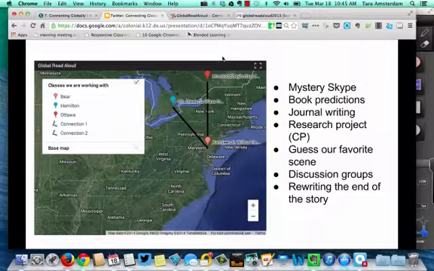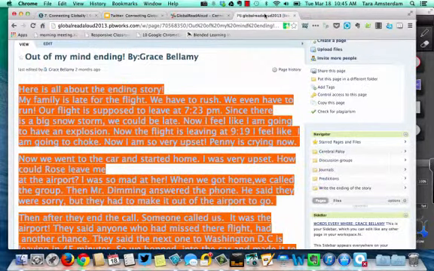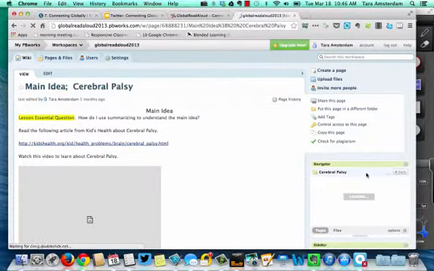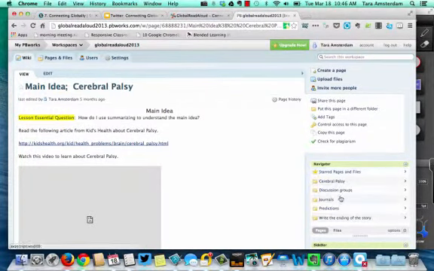My class participated in the Global Read Aloud using a wiki that I created on PBWorks, and you can see I had it organized. This is an example of a different ending. We had the cerebral palsy project. I organized it based on whatever we were working on.